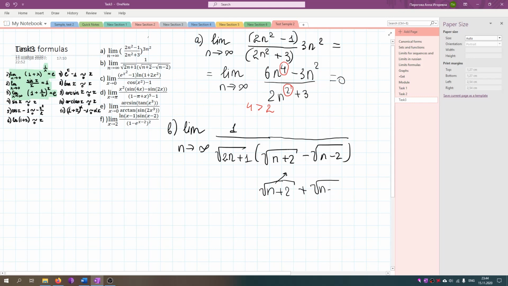In this case, we will multiply our fraction by this, because here we have minus and here we will have plus. So why do we need to do it?